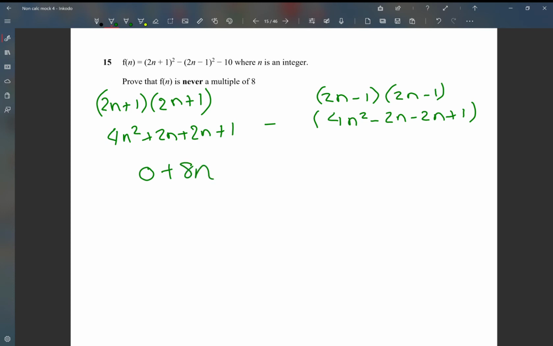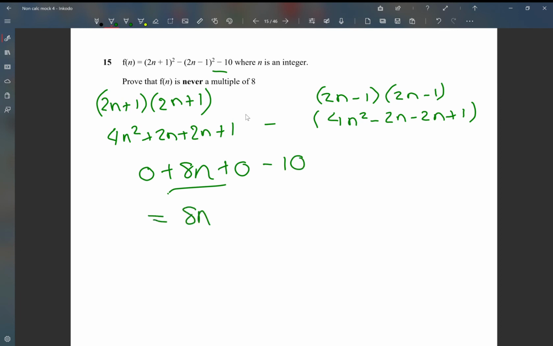A lot of people just cancel those out, but because this is minus 4n, and then you're minusing it again, it becomes a positive 8n. And then 1 minus 1 essentially is 0, so plus 0. So everything's cancelled out apart from this 8n. And then the minus 10, I'm just going to add on the end.